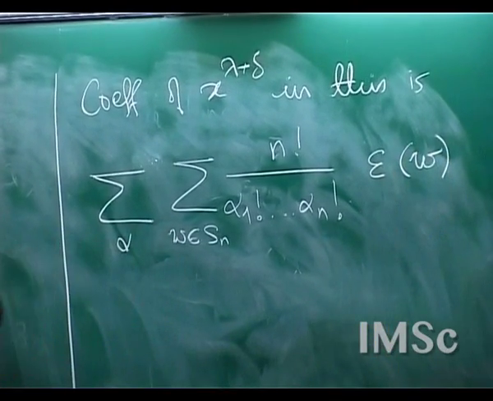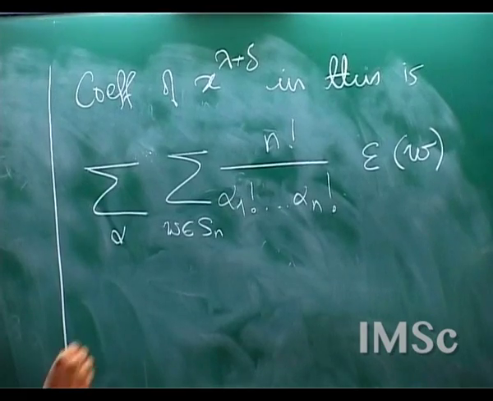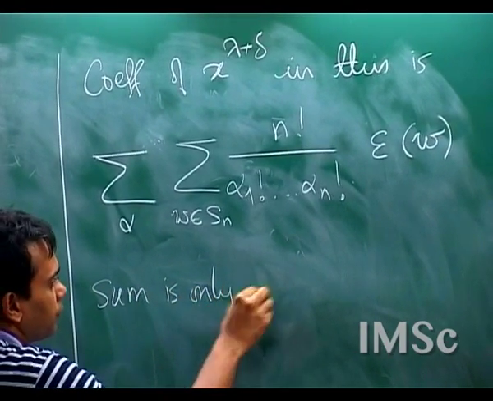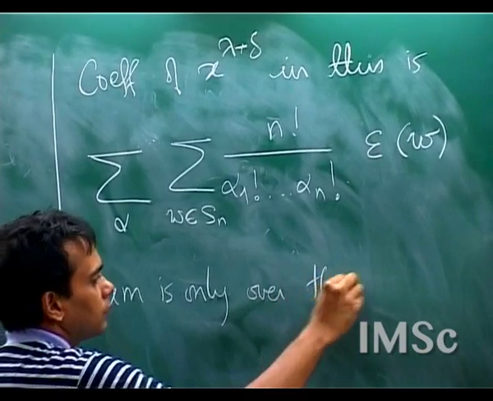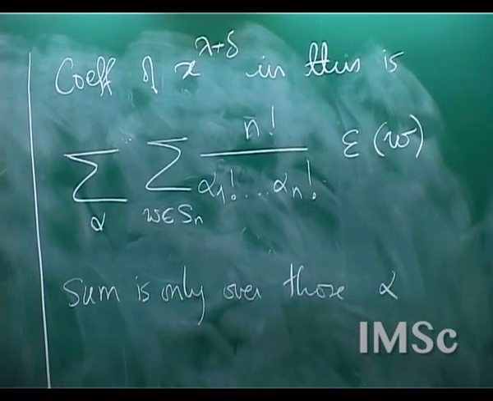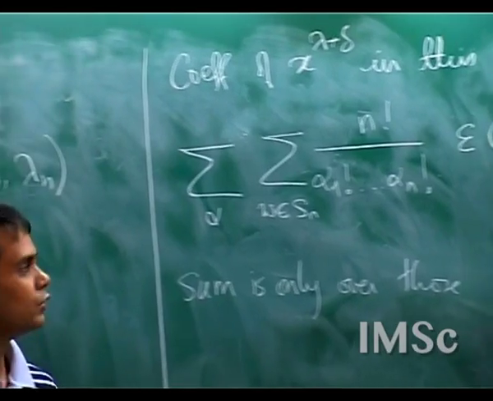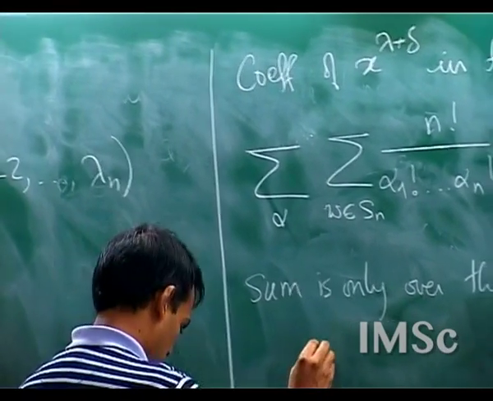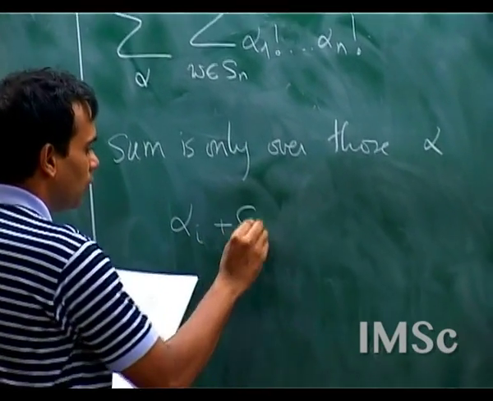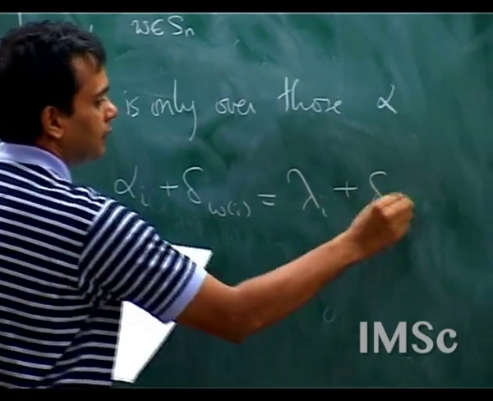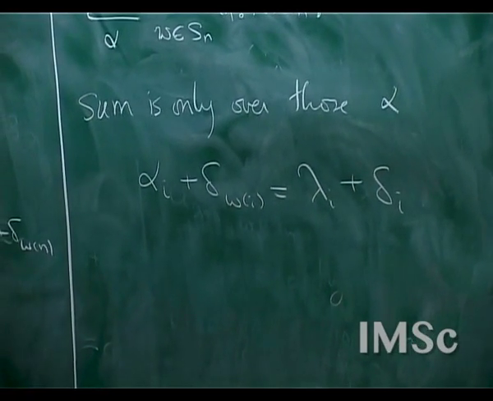And now the sum is over those alpha. Of course, the alphas need to be non-negative integers and they need to add up to n, but you also need to have that alpha i plus delta wi is equal to lambda i plus delta i, only those ones.